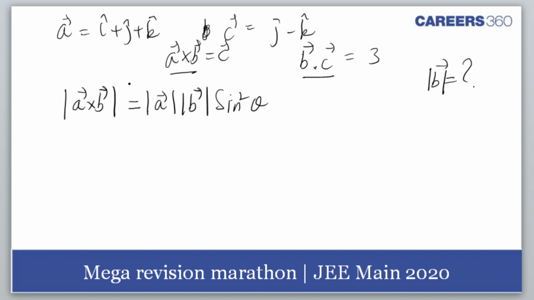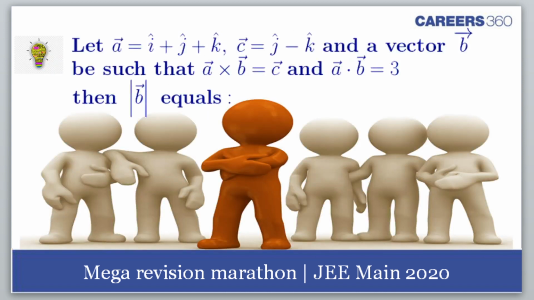Now, if I do squaring both sides, it will become like this. Oh, sorry, sine square I have already done. A dot B is equal to 3. A dot B is given, not B dot C. Have I done something wrong? A dot B is 3. Thank you, Snigdha.